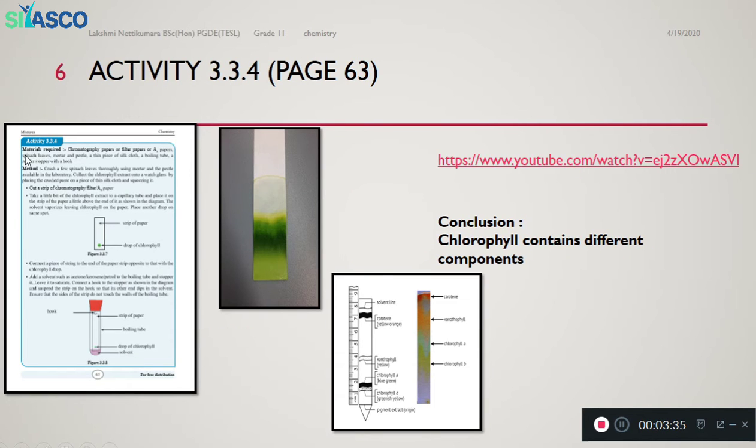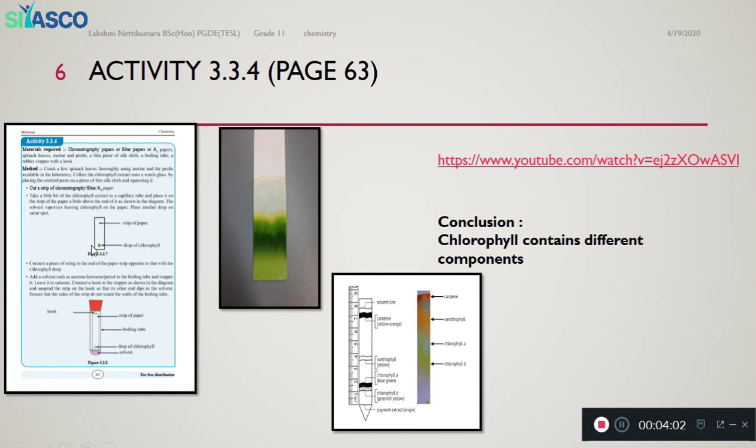For your understanding, an activity is given in your textbook, page 63. To do this practical, you have to take an extract of spinach leaves and filter it to get a small liquid sample. Then you have to prepare a stationary phase.